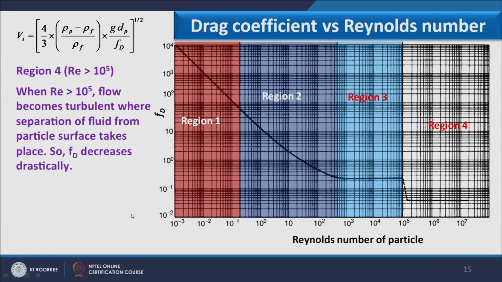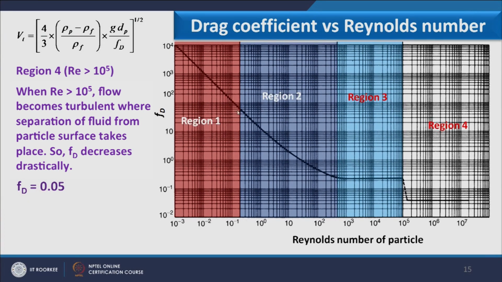So, it remains separated from the particle surface. When it remains separated, it will not put any drag on the particle, and therefore the drag coefficient at that time decreases significantly. So, when we consider Reynolds number greater than 2 into 10 to the power 5, the Fd value decreases significantly, and in this region the Fd value is found as 0.05, which you can also read from this graph.